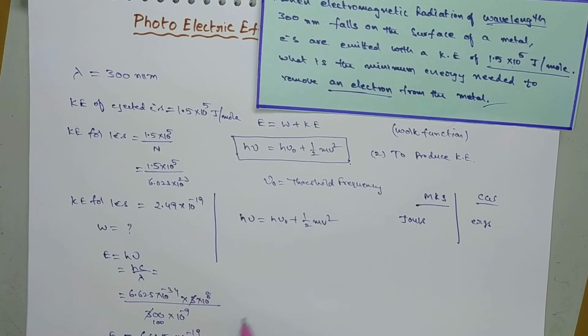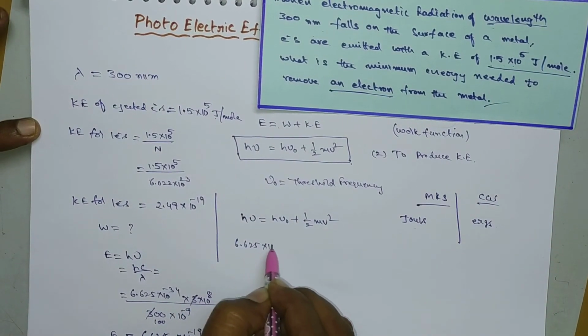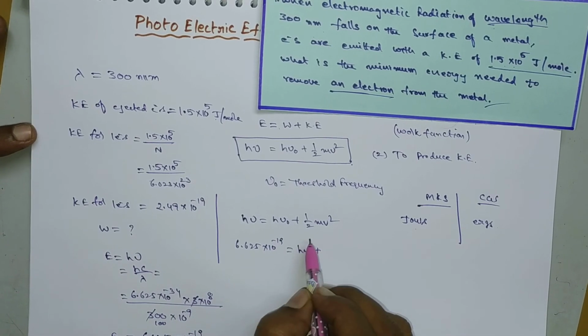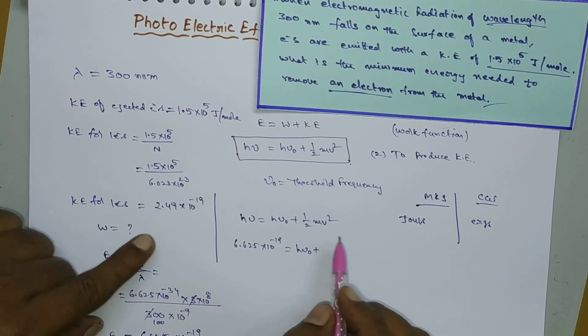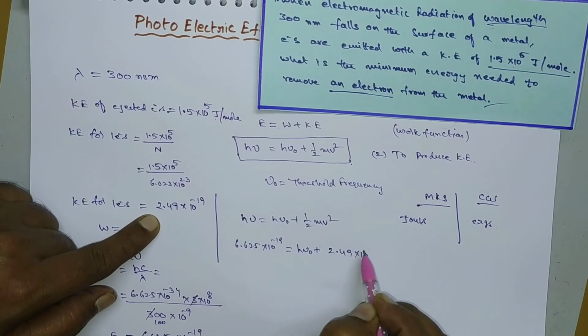So now substitute these values. 6.625 into 10 power of minus 19 is equal to h nu naught plus half mv square, that means the kinetic energy for 1 electron, which is 2.49 into 10 to the power of minus 19.